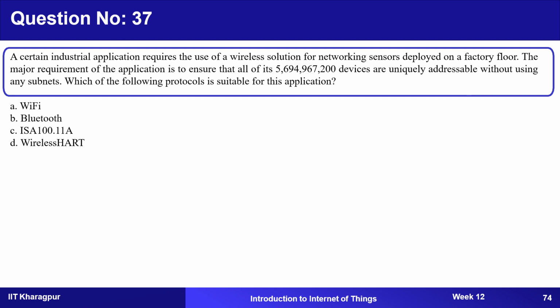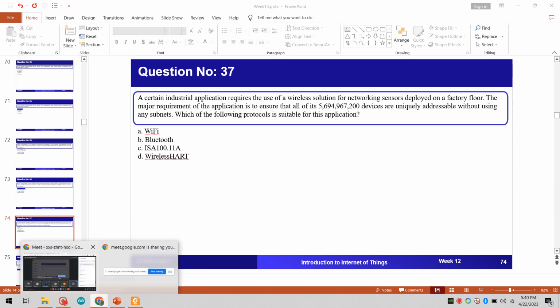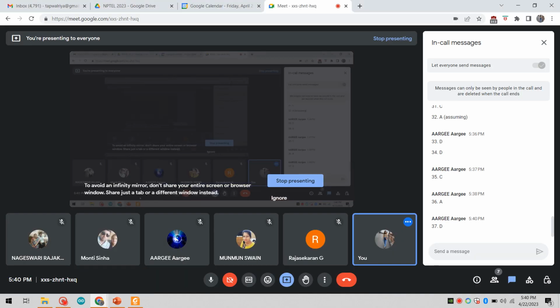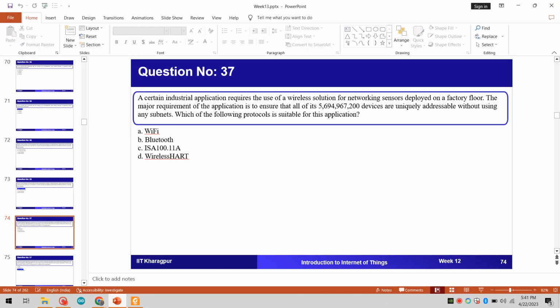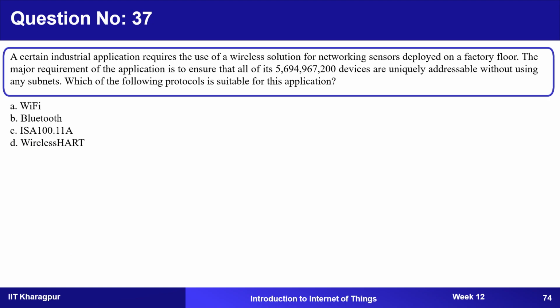D, ma'am. D, wireless HART. Okay. Anyone else? D. Correct option for this is ISA 100.11a.